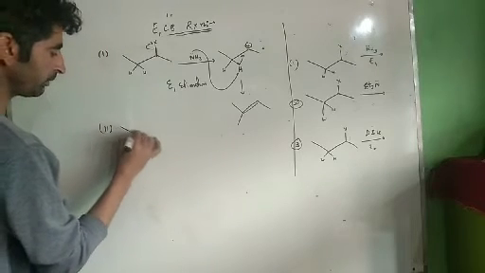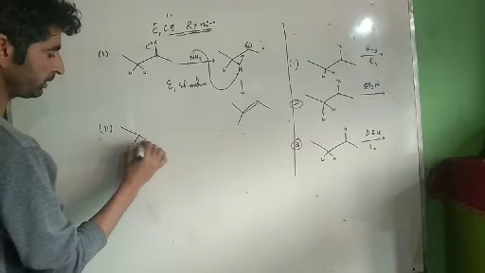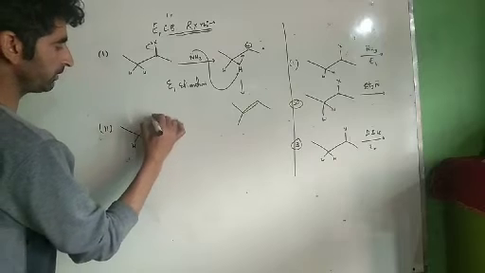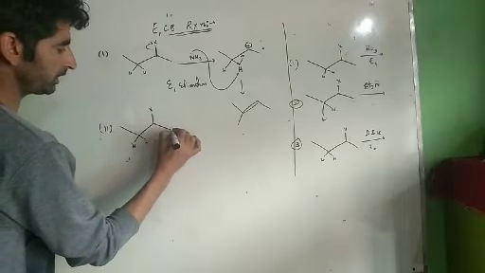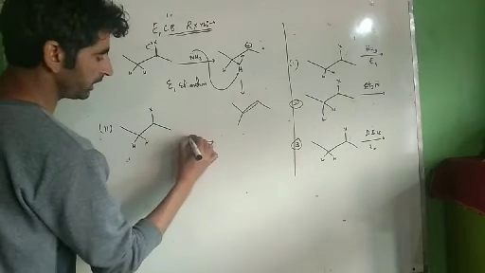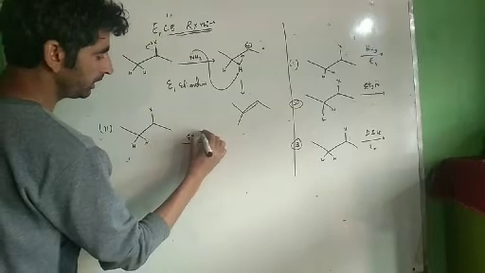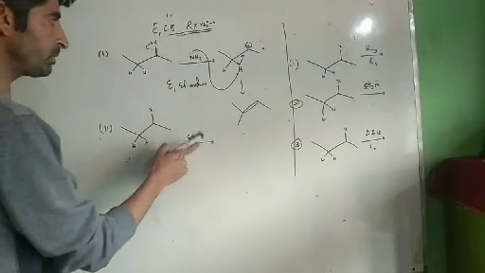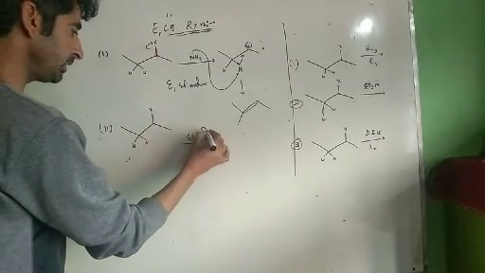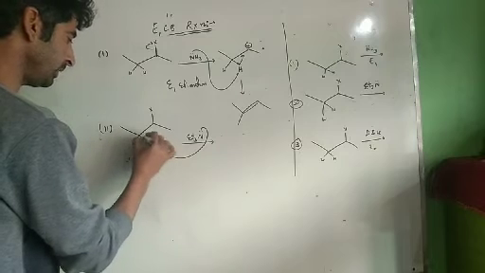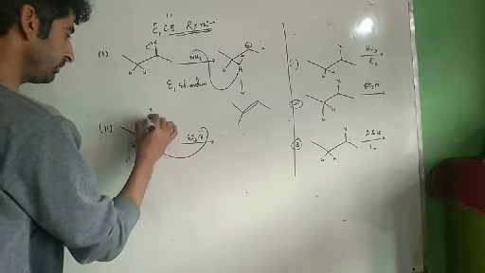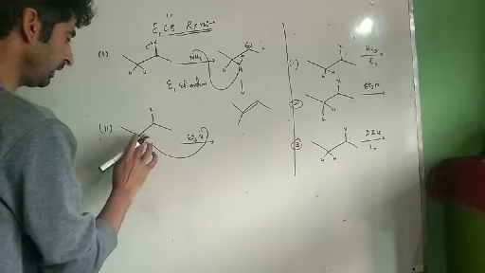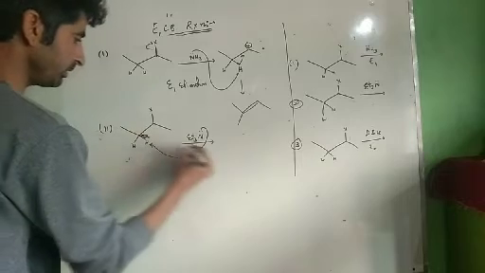Now the number second type of example, same question, hydrogen, hydrogen, but the base is different. The base in this case is Et3N, triethylamine. It's a strong base, a stronger base than ammonia. Then what does it do? It will first abstract a proton. It will result in the formation of a conjugate base.